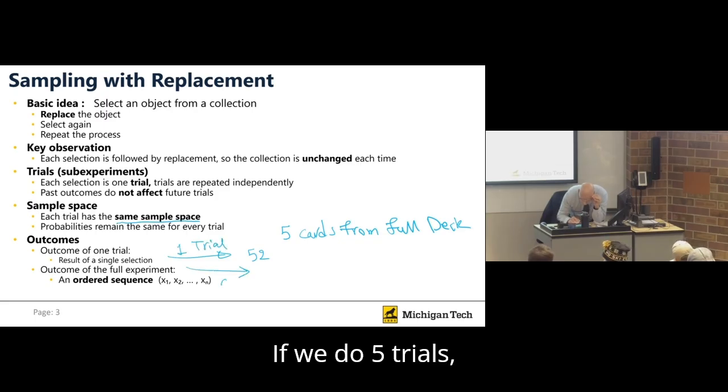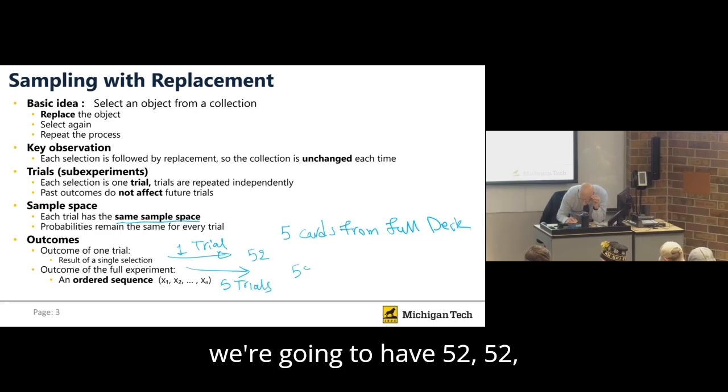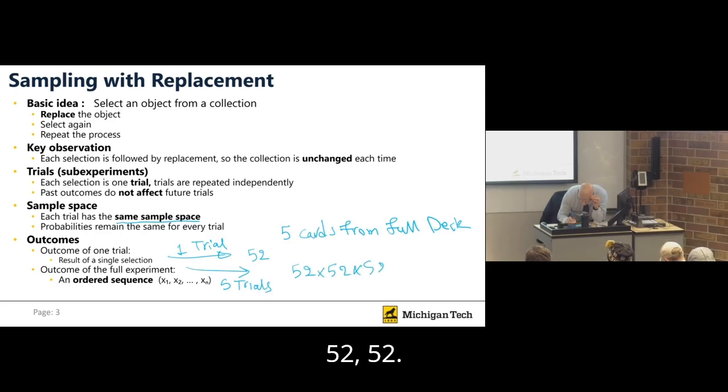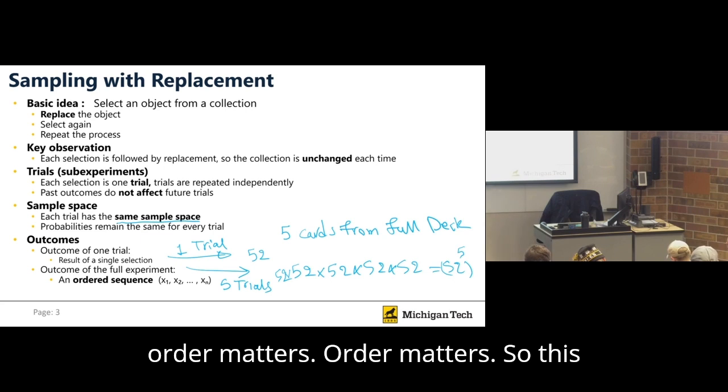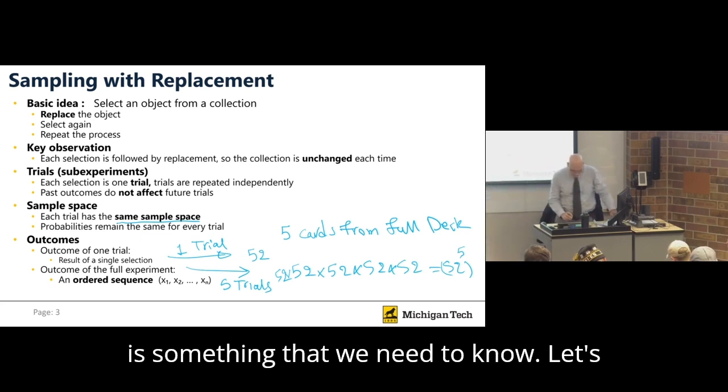If we do 5 trials, we're going to have 52, 52, 52, 52, 52, over 5 trials. And order matters, so this is something that we need to know.